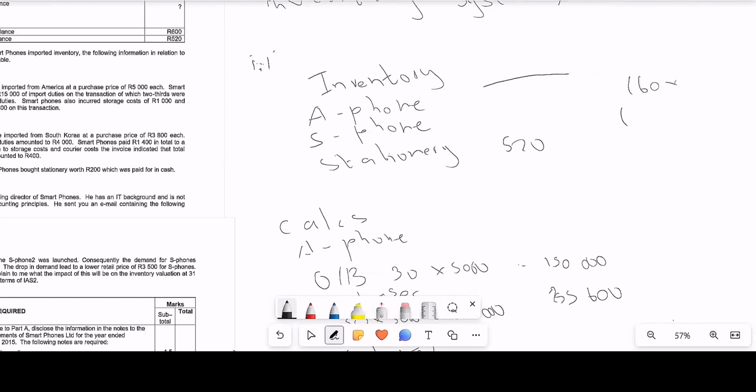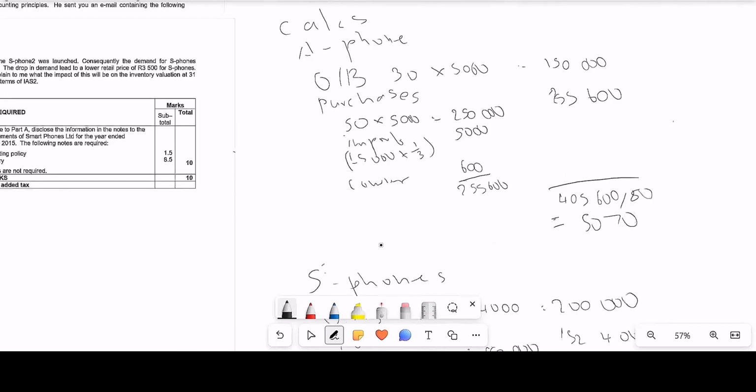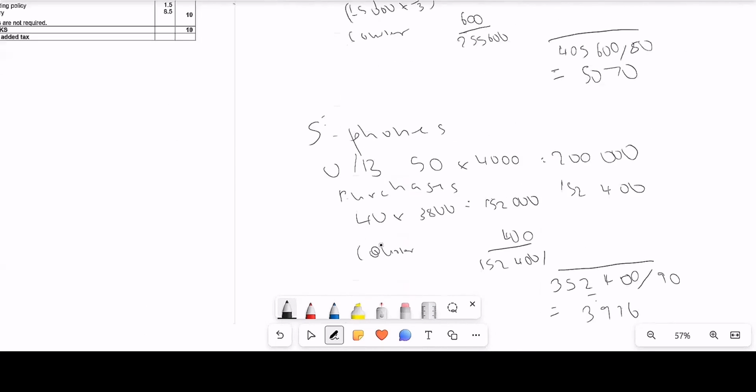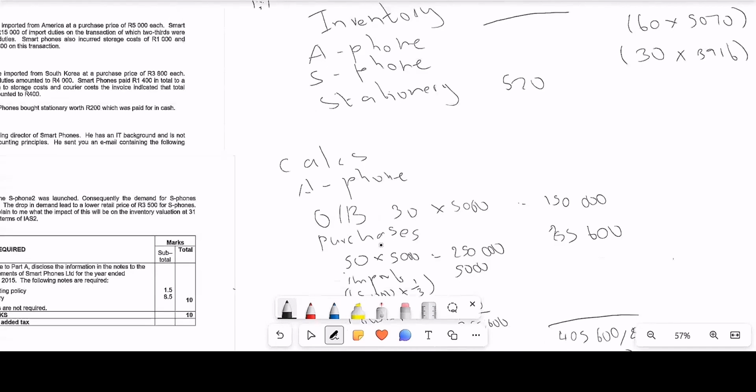Remember, with the weighted average, we get the total value. And here we had, I think, 30 left. See the total balances: 3,916 for the S phones and 5,070 for the A phones.